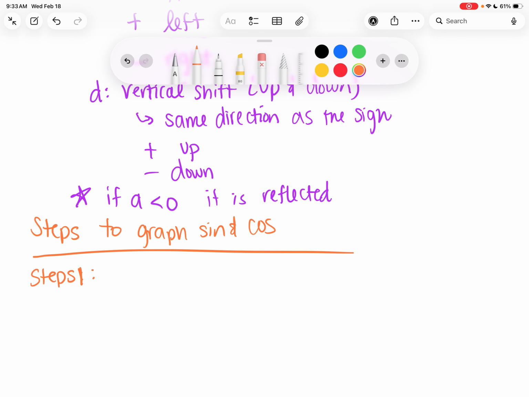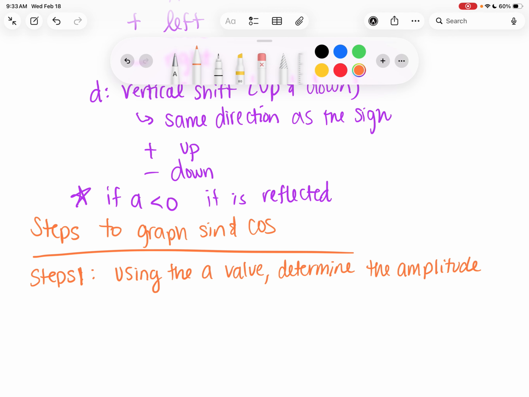So step 1, using the A value, determine the amplitude.